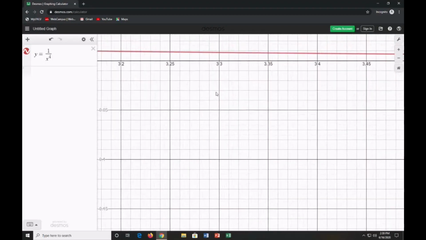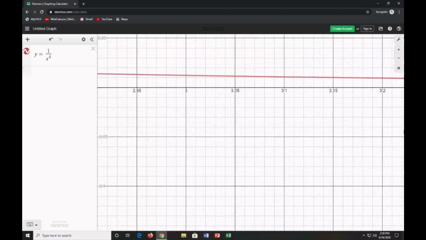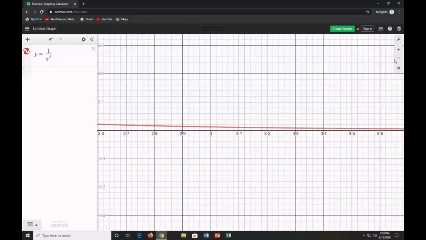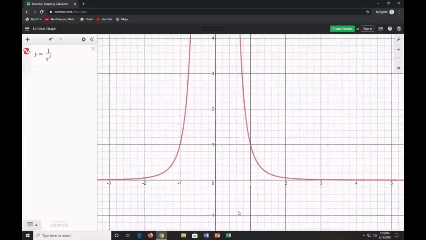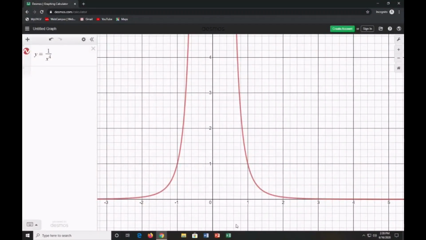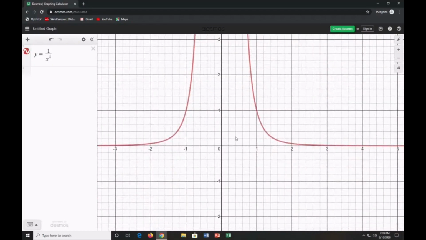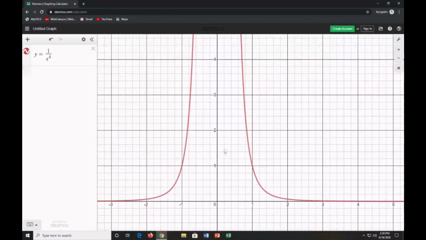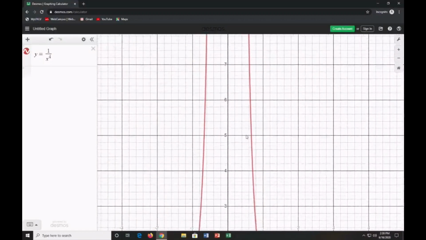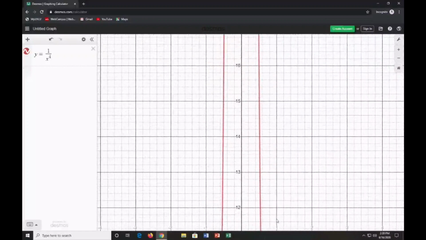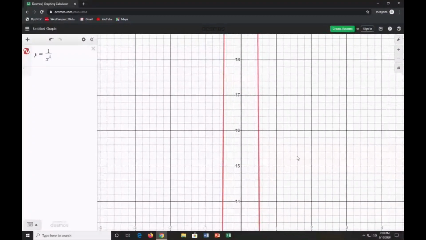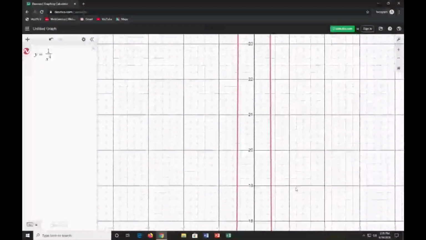Let me zoom out. Okay, sorry about that. So here now we're on the right direction. So x equals 0 is right here in the center. Look at as we approach x equals 0, this line gets closer and closer to the y-axis.